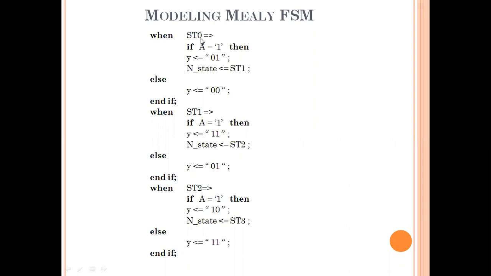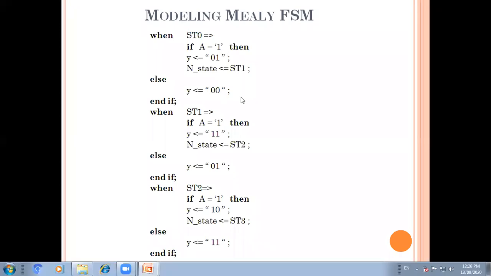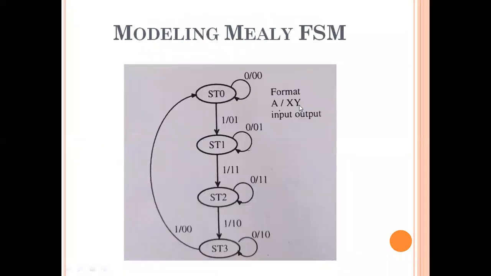When on the state 0, if a is equal to 1, then y is assigned as 01, and n_state, next state, is assigned as state 1. Okay, with the example we understand, right?